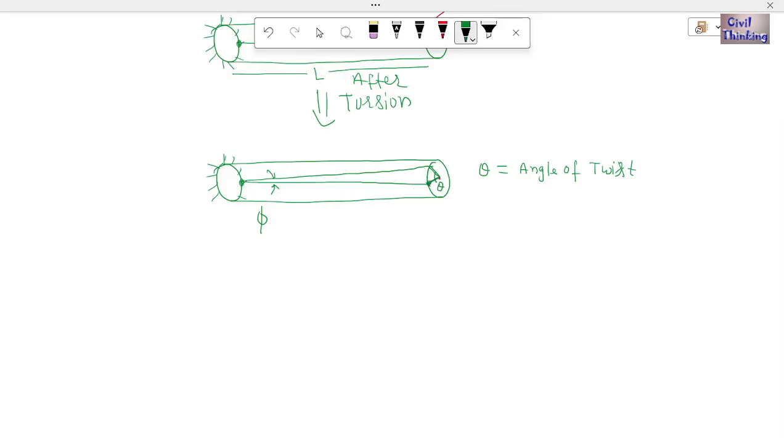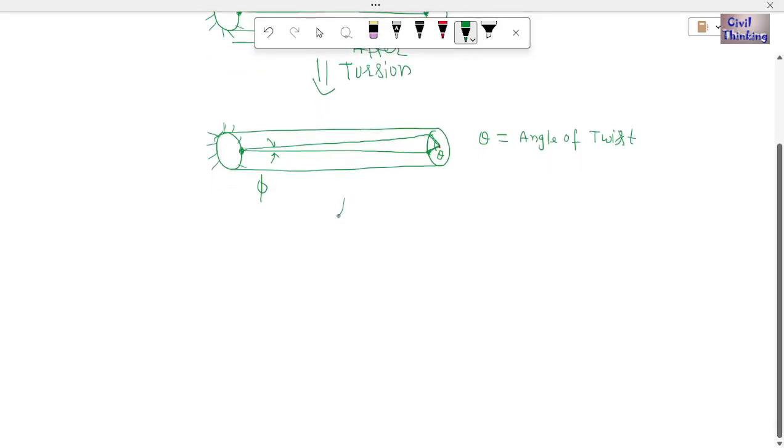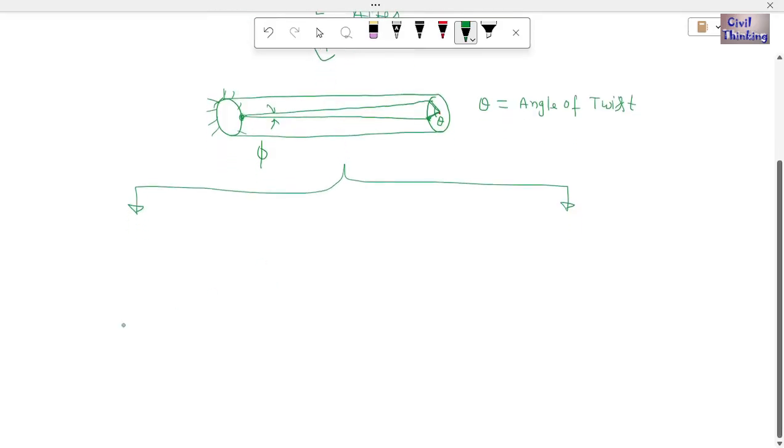If you assume it to be a straight line, this is going to be a triangle on the surface of the shaft, and here also you will see a triangle, or a sector of a circle. We will draw these two things separately so that we can understand better.